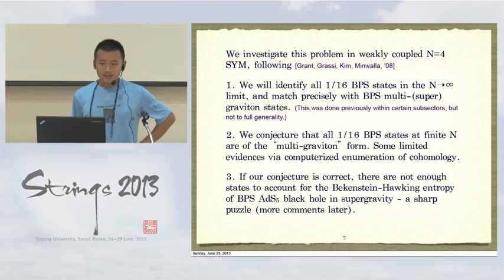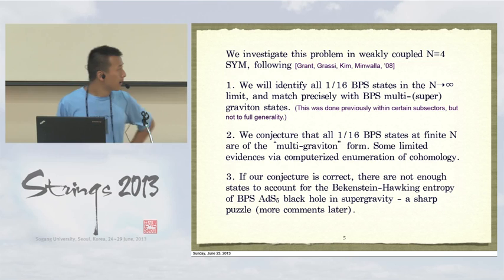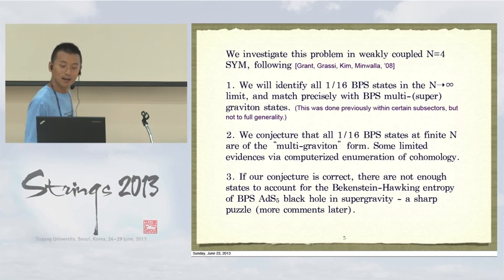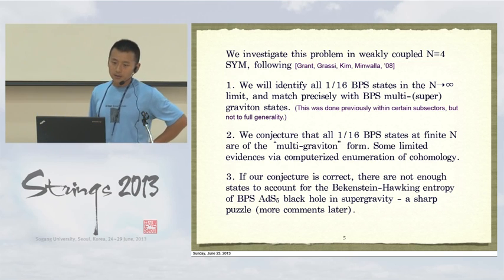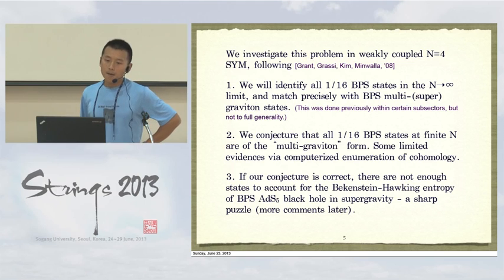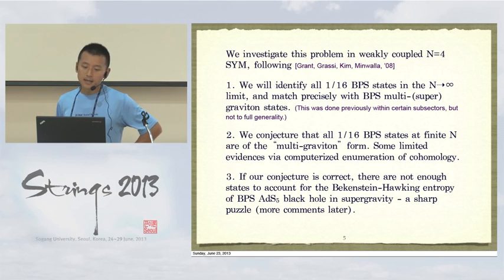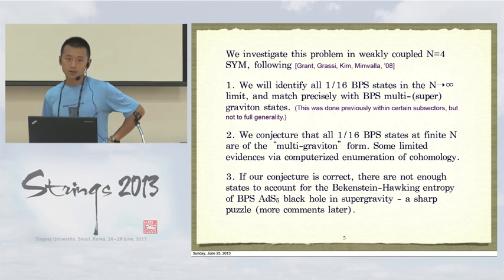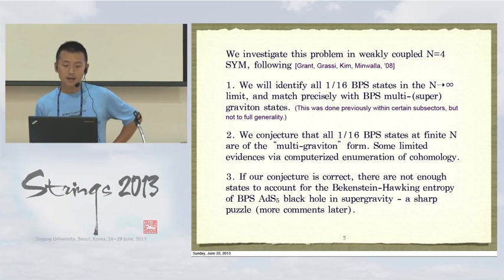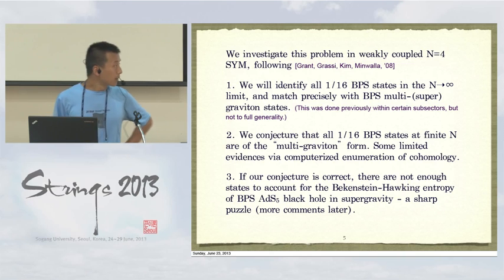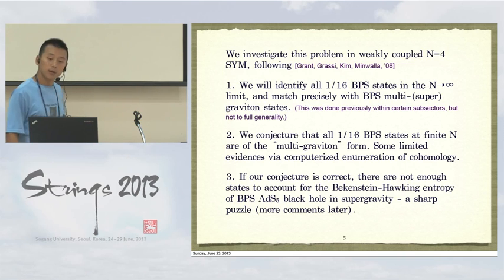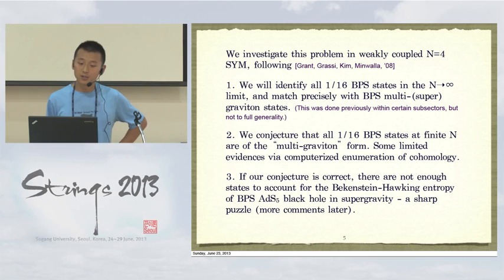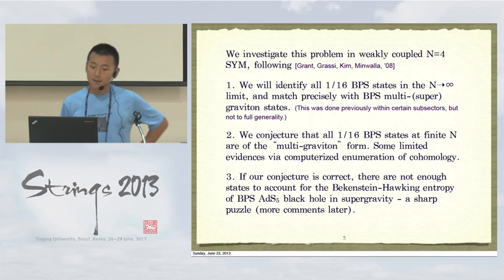And here on this slide, I summarize the main results or claims that I'm going to make. First of all, we'll identify the complete spectrum of 1/16 BPS states in the infinite N limit. By that, I mean BPS states of fixed conformal dimension in the infinite N limit. The result will match precisely with the BPS multi-graviton states in AdS5 times S5.